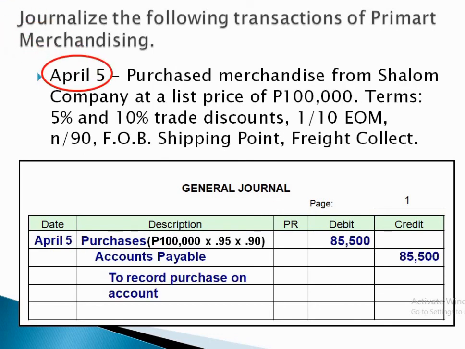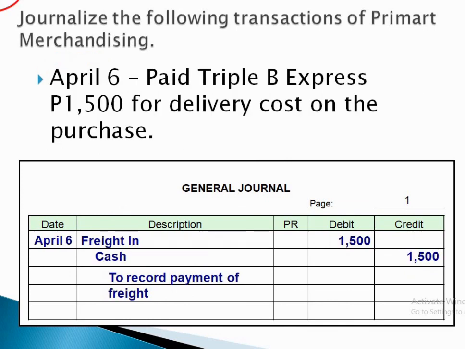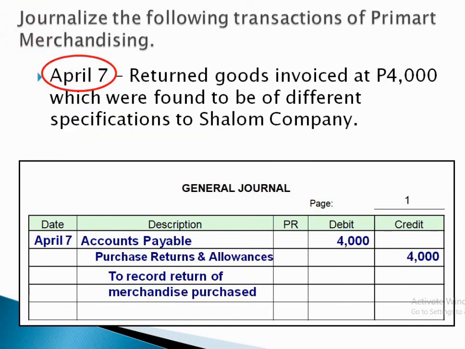On April 5, we credited accounts payable for 85,500. The payment of freight on April 6 did not affect accounts payable. On April 7, we debited accounts payable for 4,000.